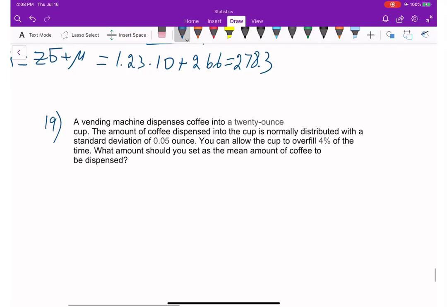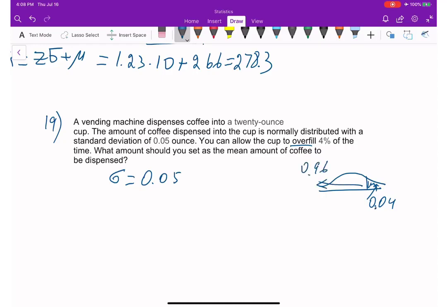Okay. So standard deviation is 0.05. You can allow the cup to overfill. When it's talking about overfill, it's talking about top 4%, right? 0.04, top 4%, which means this side is going to be 0.96, right?